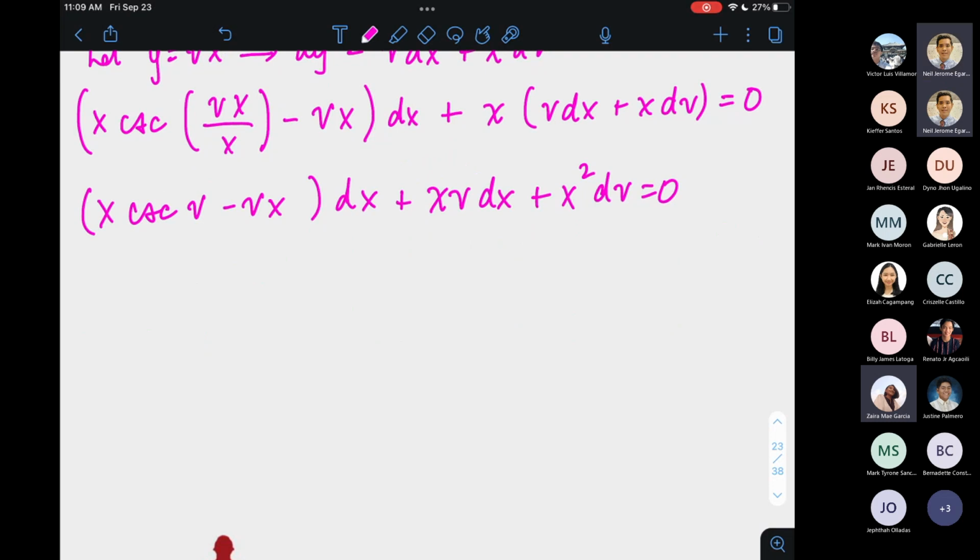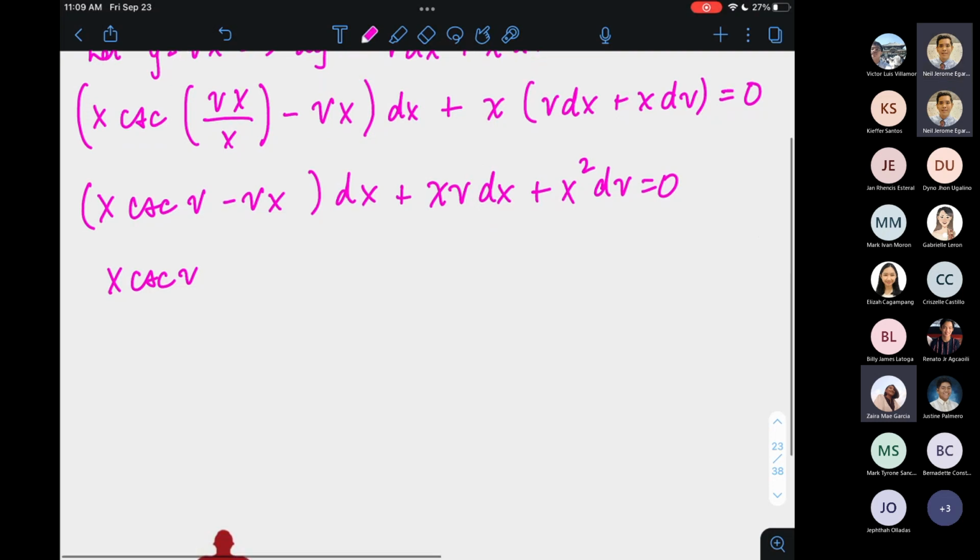Alright? Tapos, meron tong dx. So, isama ko ito doon sa grupo na yon. So, it would be x cosecant v minus vx. Tapos plus xv. Meron akong vx. Merong xv. So, magka-cancel lang sila. So, mauubos. Isa na lang yung term na matitira na may dx plus x squared dv equals 0.